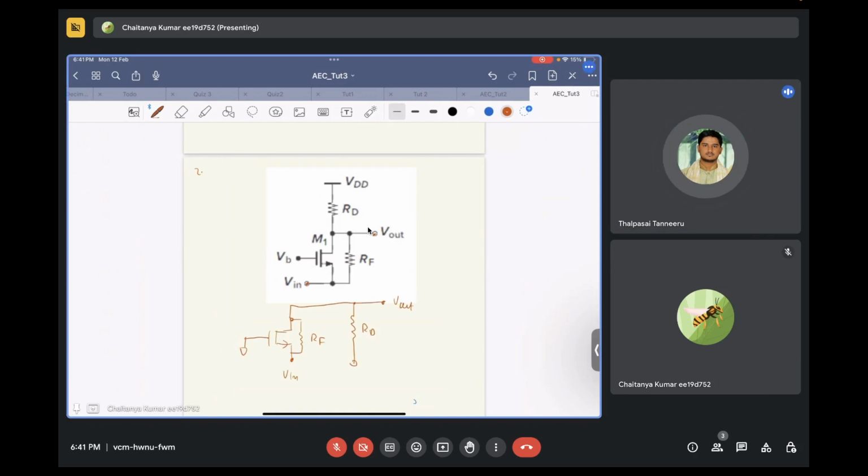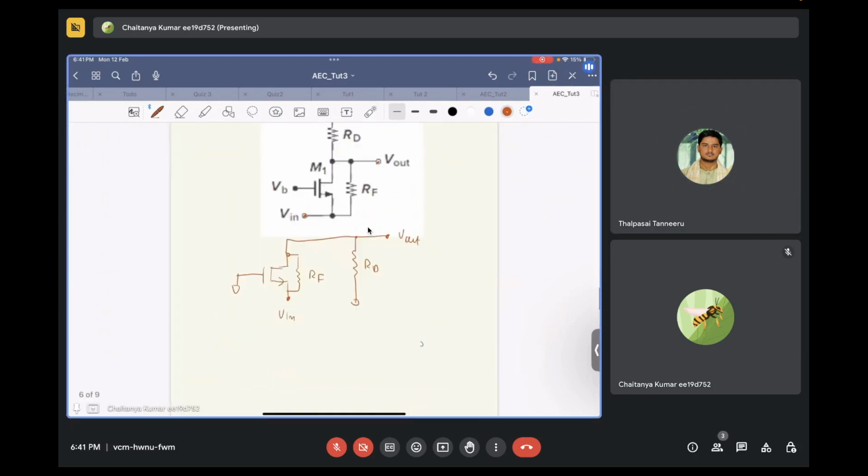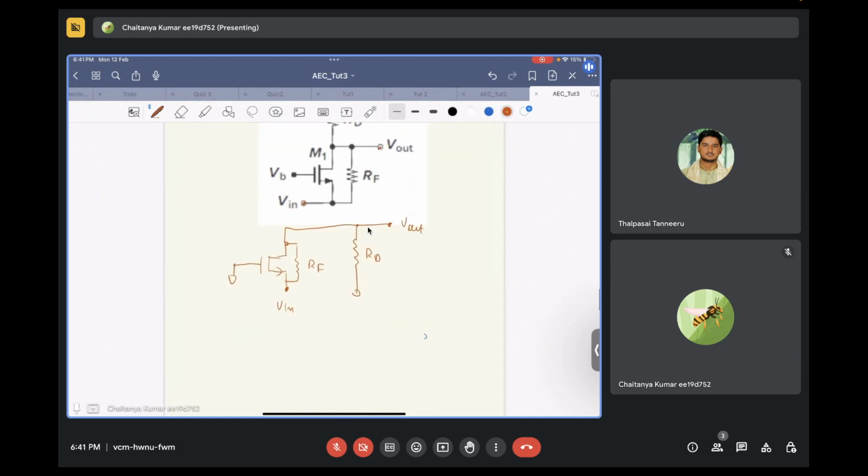Correct. So let's try to write the current equations over here. What will be the current that will be going into the transistor? Vin by RF.